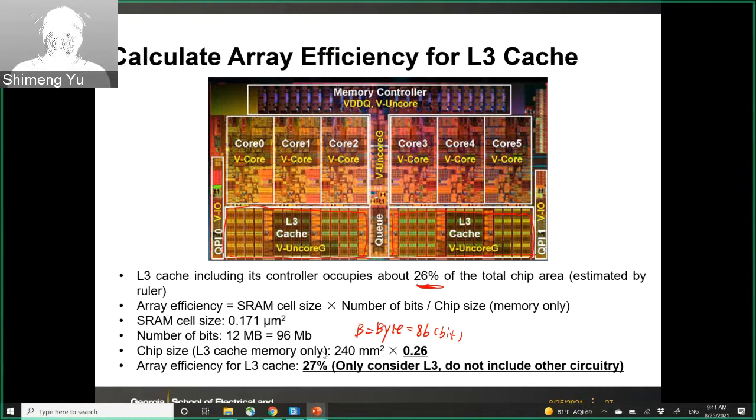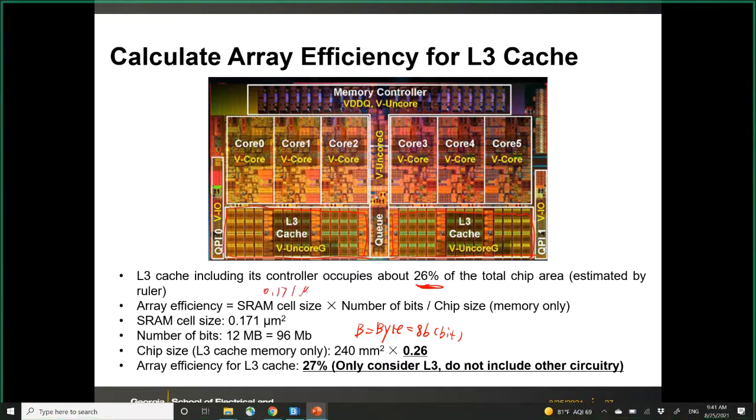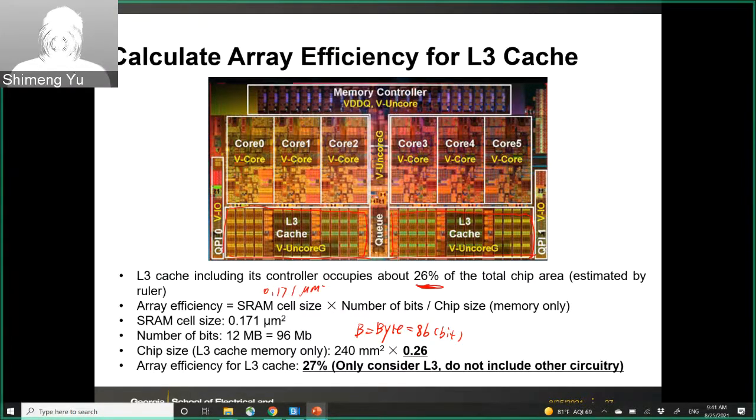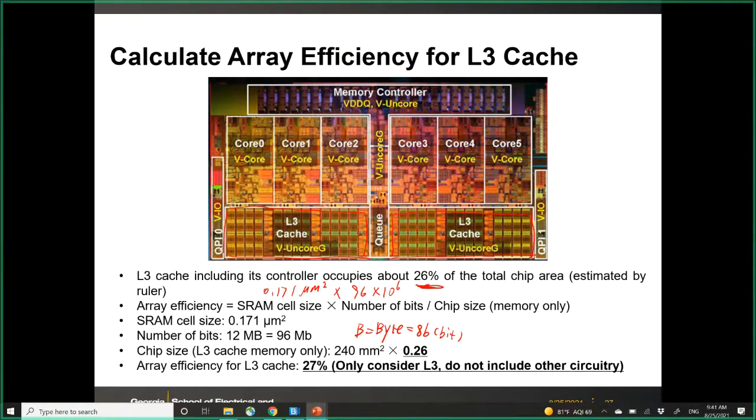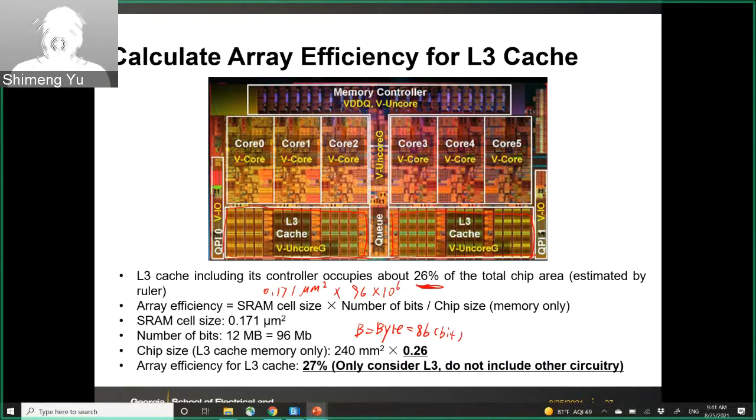So then in total, you will have 0.171 micrometer square times 96 meg. You can approximate that to 10 to the power 6 roughly, because mega is close to 1 million. It's not exactly 1 million, because if you use powers of 2, mega will be 2 to the power 20, then it's roughly 10 to the power 6.